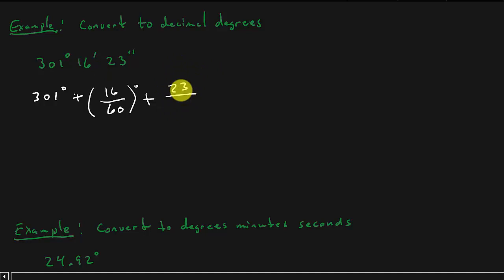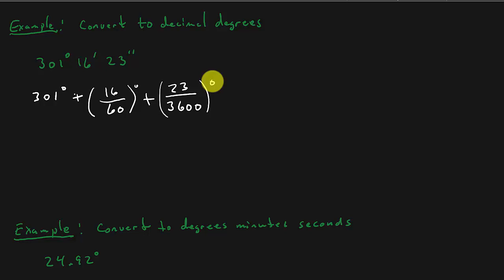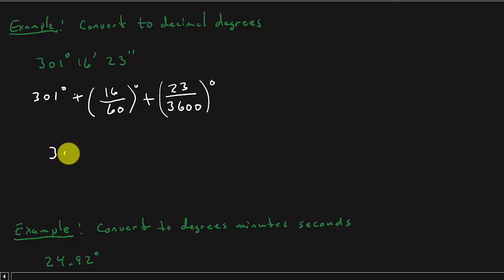Then I would have to divide it by 60 again to put it in degrees. So we're dividing by 3600, and that's degrees. And so that would give us 301 plus 16 divided by 60 plus 23 divided by 3600, and that would give us 301 point, we'll round it to 2 decimal places, 0.27 degrees.